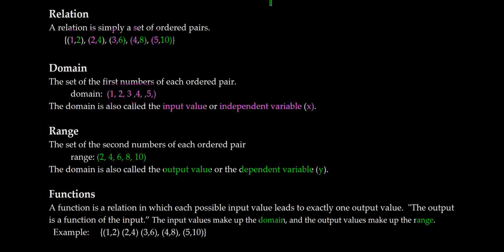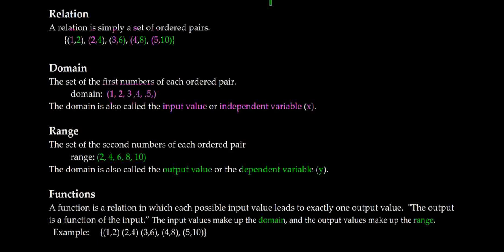In this example we have below, you can see that 1 is an input with an output value of 2, and 2 in the second pair is an input value with an output value of just 4. 3 is an input value with an output value of just 6. 4 is an input value with an output value of just 8.